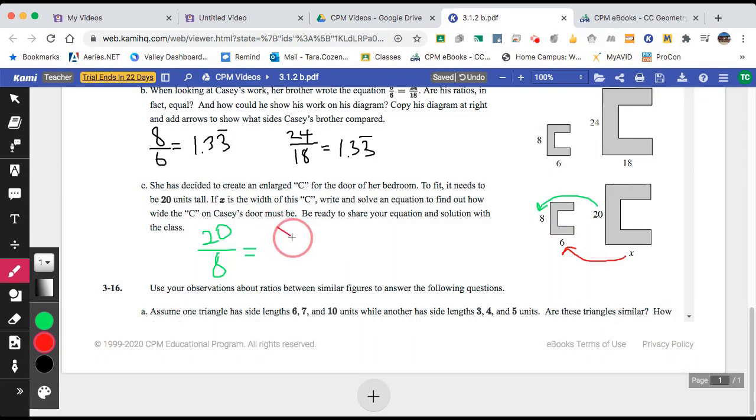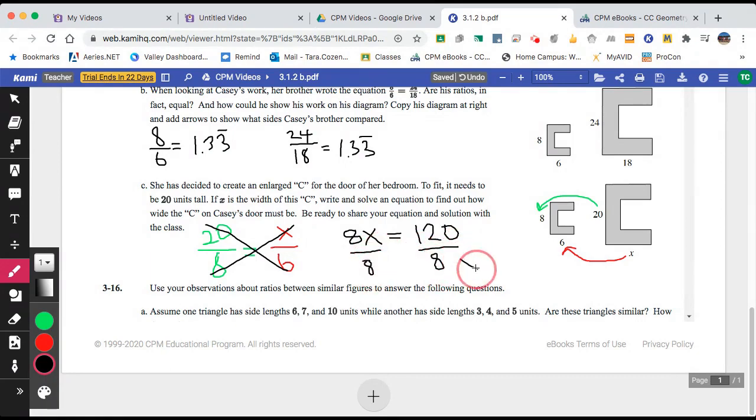So this is x over 6. Now we're going to cross multiply them. So I'm going to multiply these two together. And then I'm going to multiply those two together. 20 times 6, get 120. And now we just need to get that x by itself. So I'm going to divide both sides by 8. And we get x equals 15.